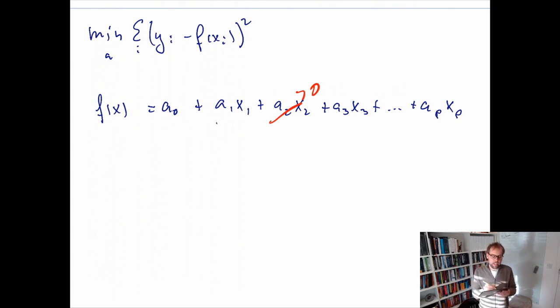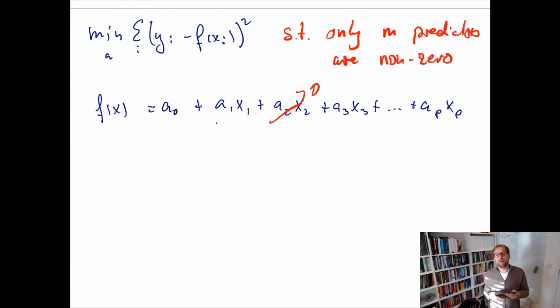I could write it out in words: I want to minimize the loss function over a, subject to the condition that only m predictors are non-zero. This is one way of writing it.